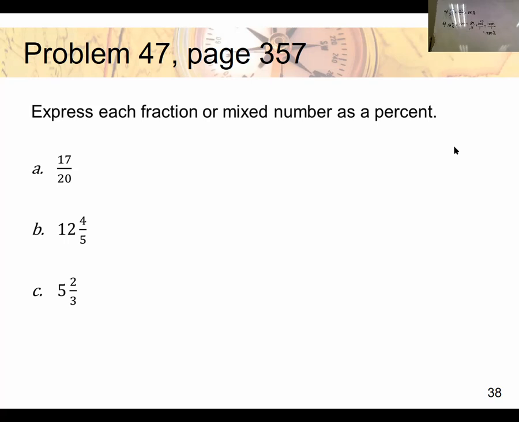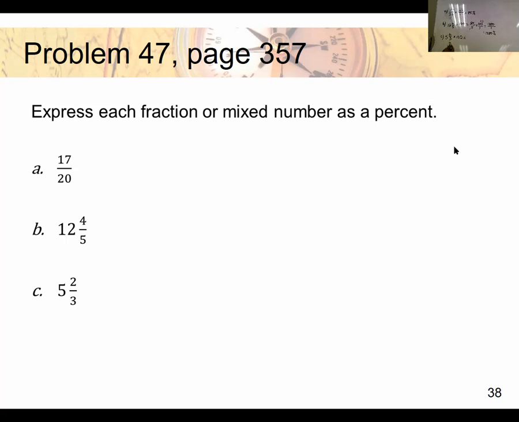All right, questions on that part? Okay, 5 2/3 as a percent. So here I'm going to multiply that by 100. But I'm going to convert 5 2/3 as an improper fraction.